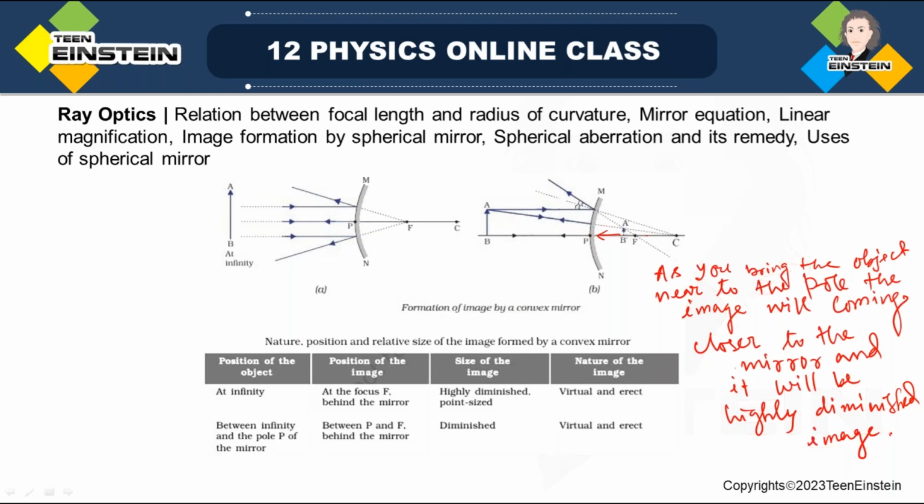It will be very small as you come closer. If you bring the object nearer and nearer, the image moves this way, this way, this way, and smaller and smaller images are formed between the pole and focus.